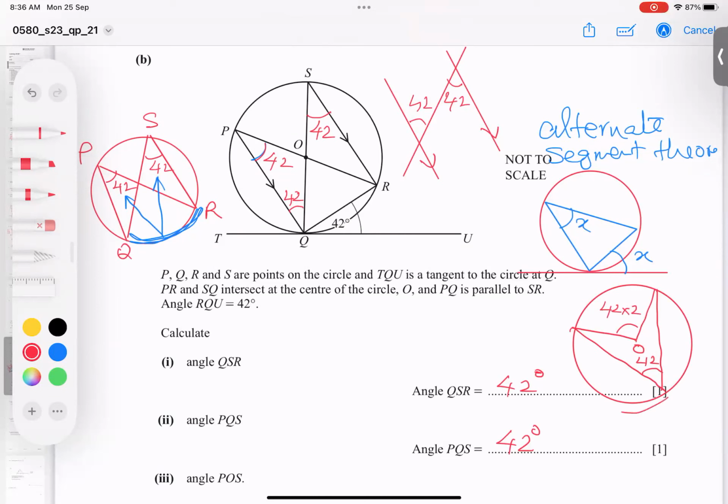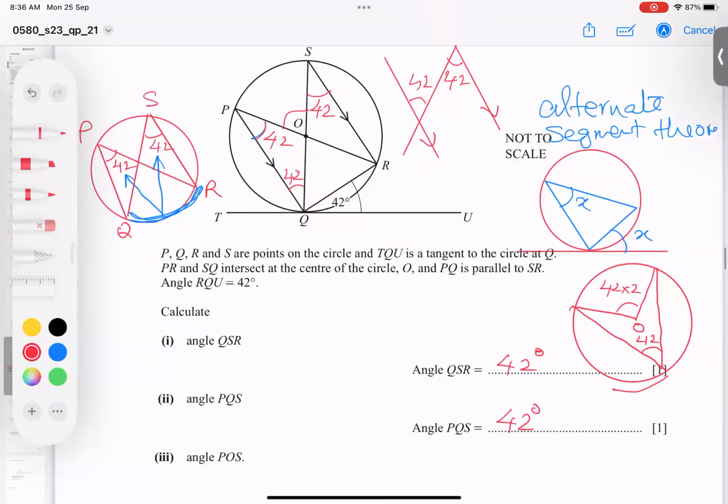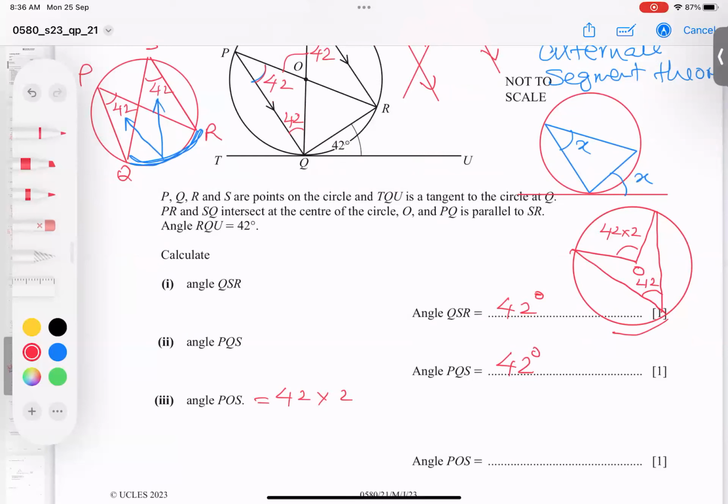But if this point shifts slightly and comes exactly in front of it this way, it is still 42 and still 42 into 2. I think you got the idea. So what is this angle? This is double that, 42 times 2. Two 2s are 4 and two 4s are 8, so 84. I believe this point is very clear.